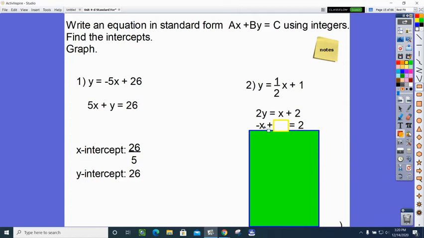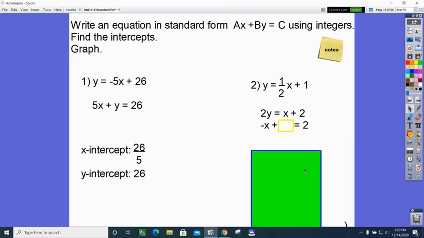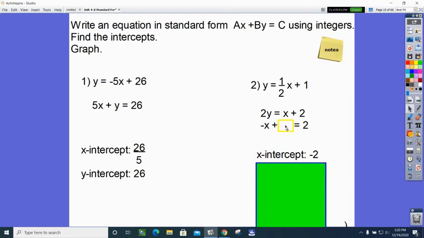And now solve this one-step equation. I need to divide both sides by negative 1, and my x-intercept is going to be negative 2. Now to find the y-intercept, I'm going to cover over that, solve that equation, divide by 2, and I have 1. That's how easy it is to get the intercepts.